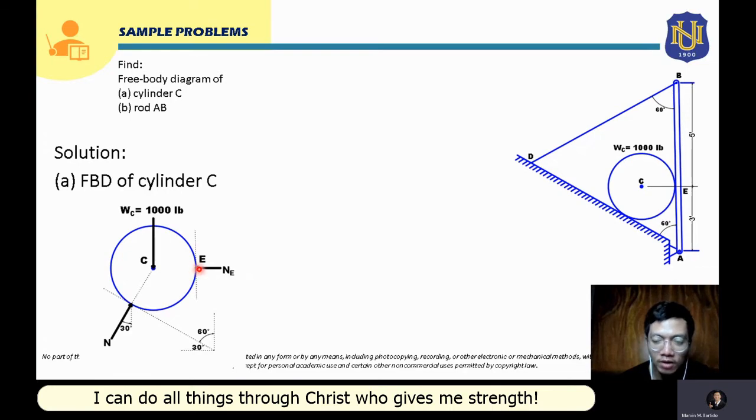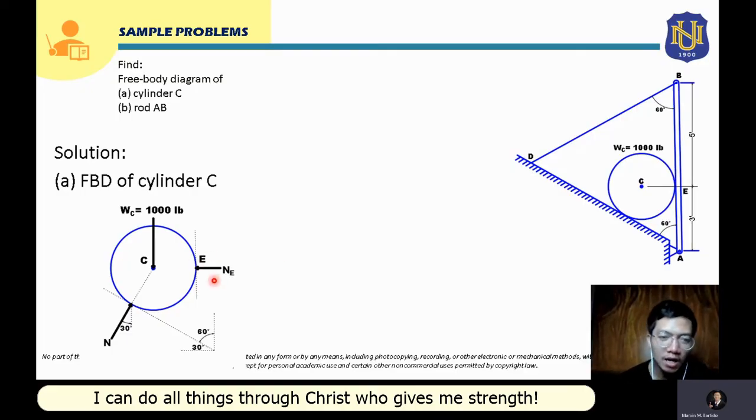So here will also be the point of application of our reaction force. Also, this will be perpendicular to our surface. The surface is vertical, so N sub E will just be applied horizontally.